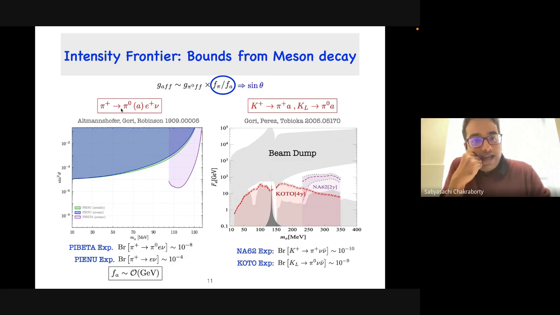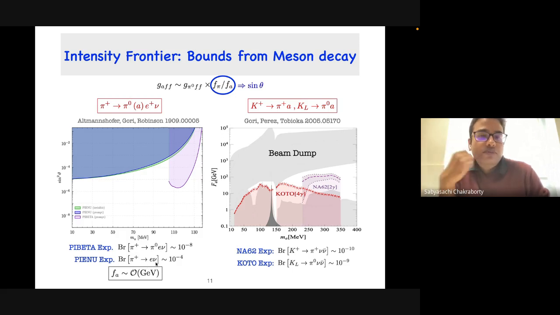Now, if you have such a decay where pi plus goes to a pion, electron, neutrino, then the pion and axion mix. So in the final state, you will have axion, electron, neutrino. Now, if the axion decays to 2 photons, you will have a similar signature such as this. If the axion is long-lived, you will have a similar signature such as that one.